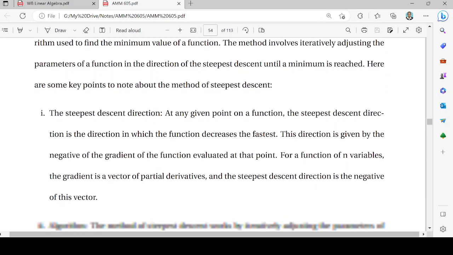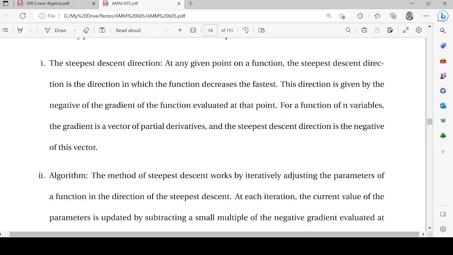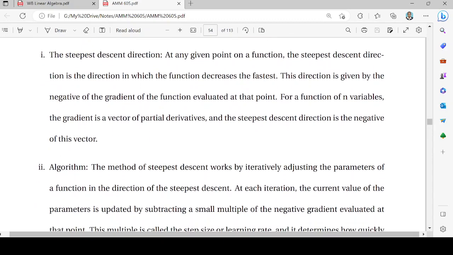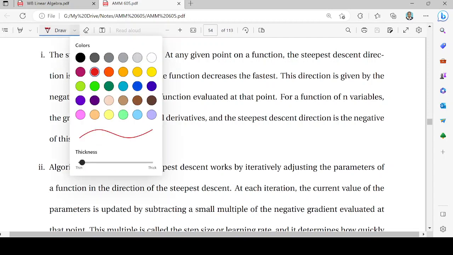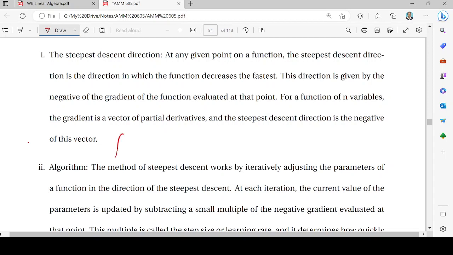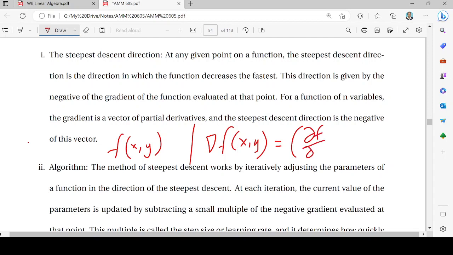Now, if we consider a function of n variables, then the gradient is a vector of partial derivatives. For example, if we consider a function with two variables, x and y, then the gradient, for which we use the symbol nabla, evaluated at some point (x, y), will be a vector comprising the partial derivative of f with respect to x and the partial derivative of f with respect to y.